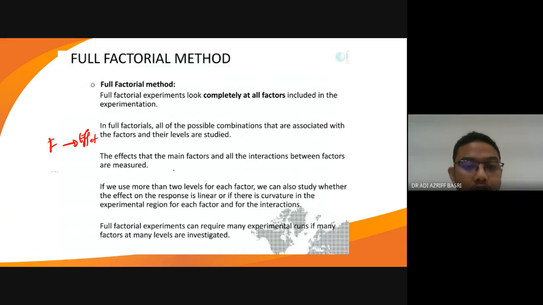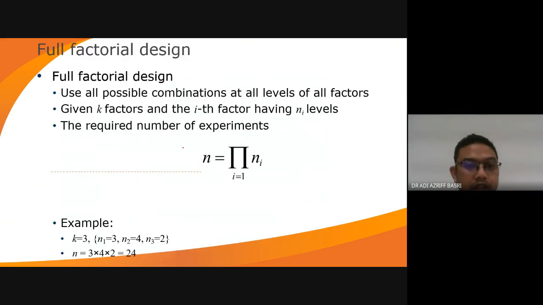If you use more than 2 levels of each factor, we can also study whether the effect on the response is linear or if there is a curvature in the experimental region, for each factor interaction. So you want to see the interaction. Third, full factorial experiments can require many experiment runs if many factors have many levels of investigation. For example, full factorial design uses all possible combinations and all levels of factors.